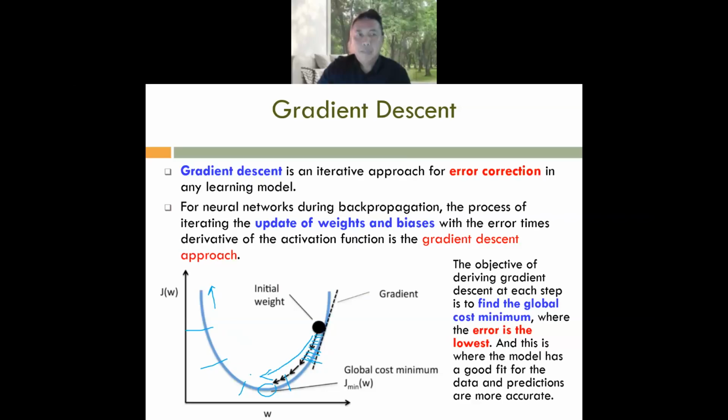The objective of gradient descent at each step is to find the global cost minimum, where the error is the lowest. We have to aim at here. So when the learning rate is too high, or the change of the weight is too big, you will pass through the global cost minimum and go up to the next point, which is here.